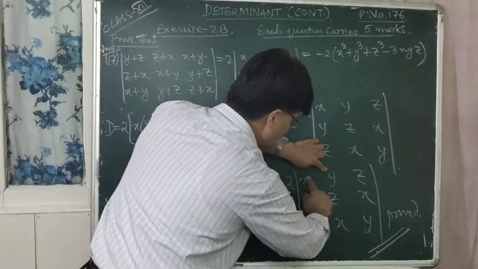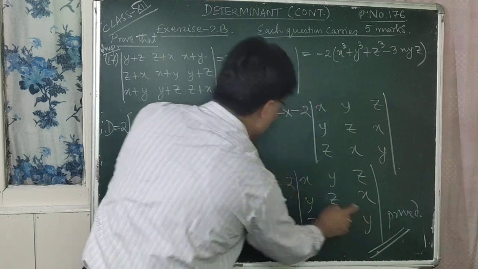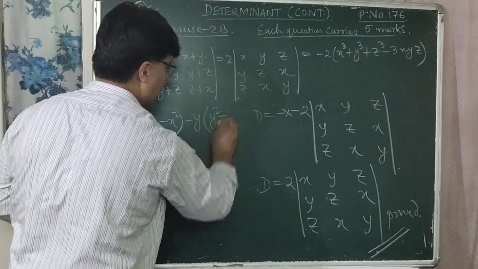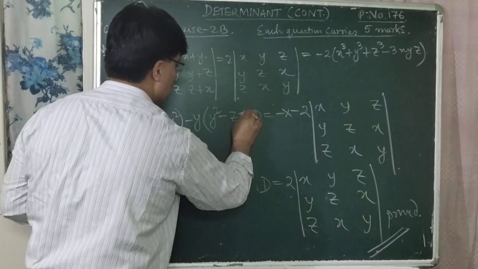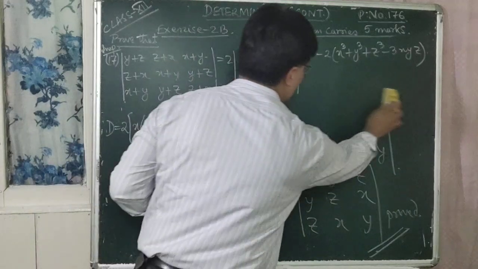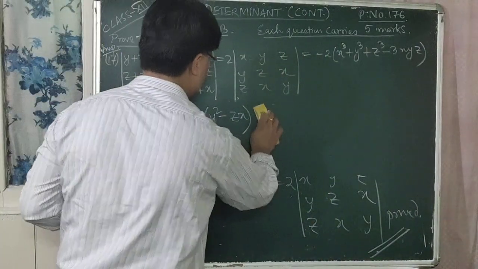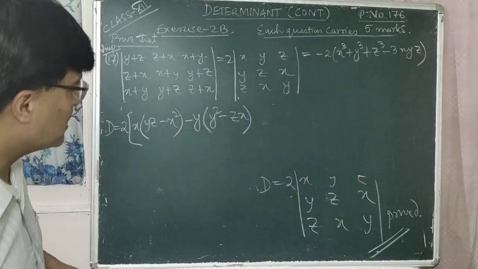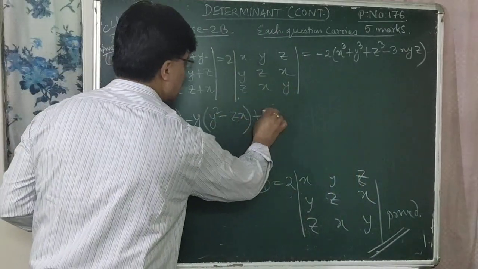So y is there, delete the row and the column through the element. So it is y x z y. So y into y square minus zx. Y square minus zx, right? Then write down, it is y square minus zx. Then you have to write, this is your z. So it is plus z.